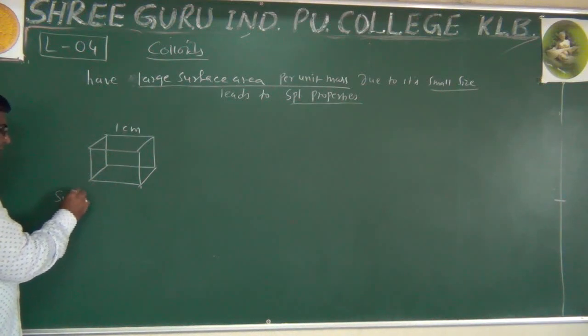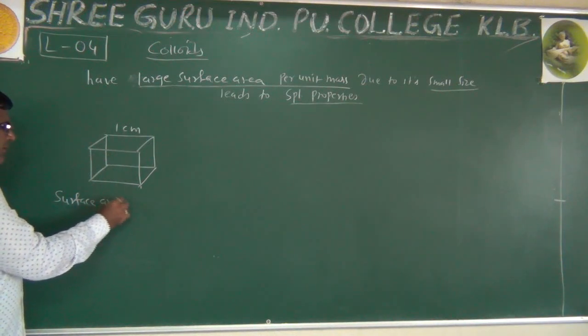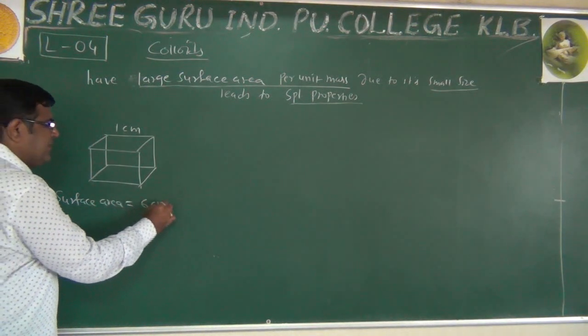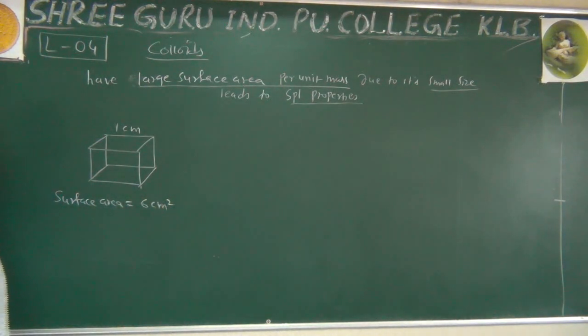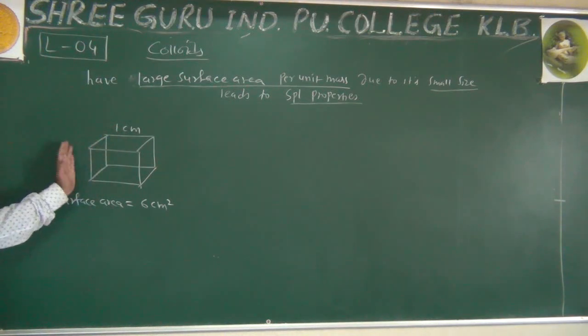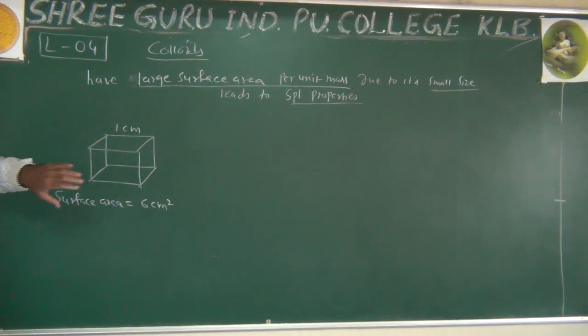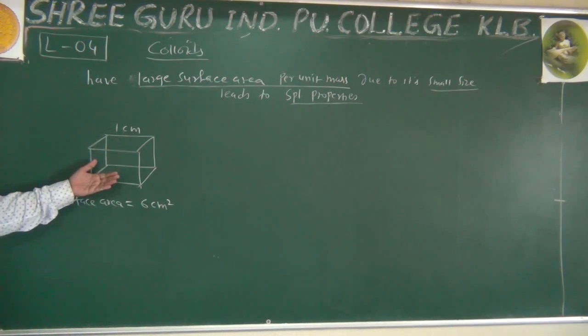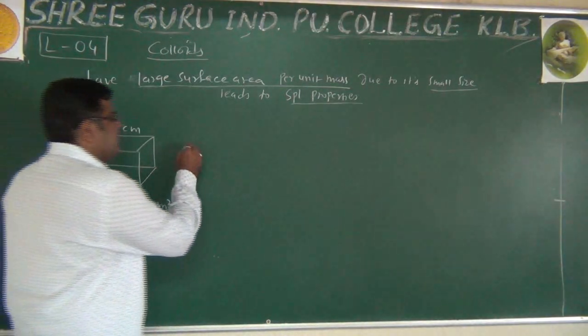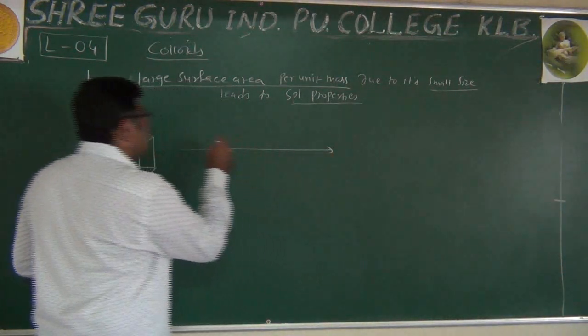So surface area is 6 centimeter square. Why 6? Because a cube has 6 faces: top, down, left, right, this side and that rear side. So surface area is 6 centimeter square.